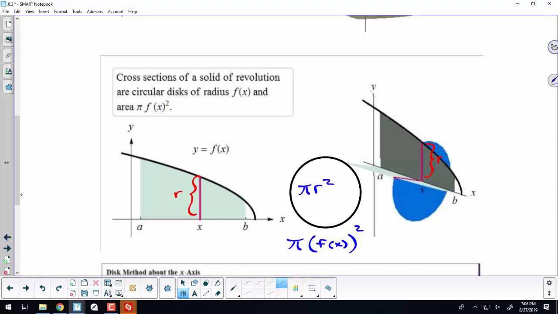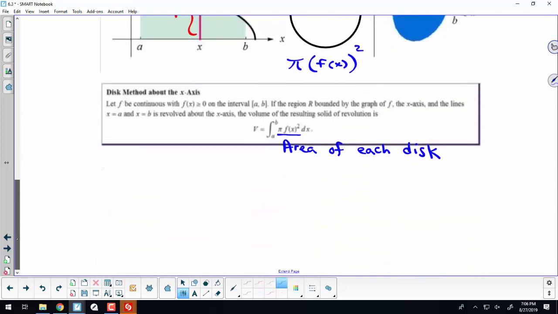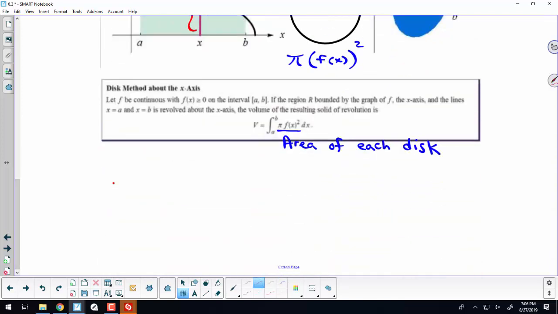Okay? So get it in your mind that when we do the disk method, our cross sections or our rectangles are always perpendicular to the axis of revolution. Perpendicular to the axis. Oops, I don't know what I'm doing.